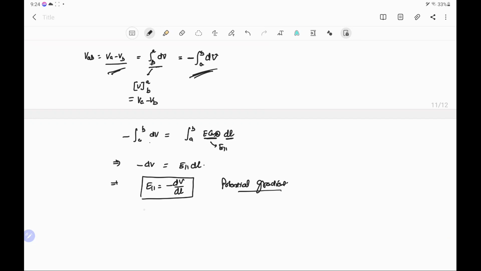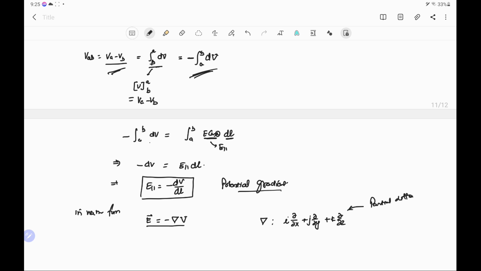This expression can be written in vector form as E equals minus del V, where this del is an operator which is i delta by delta x plus j delta by delta y plus k delta by delta z. Here this delta refers to partial differentiation.